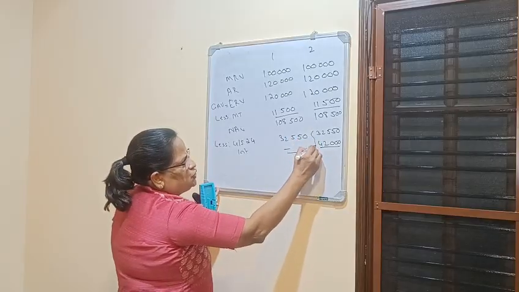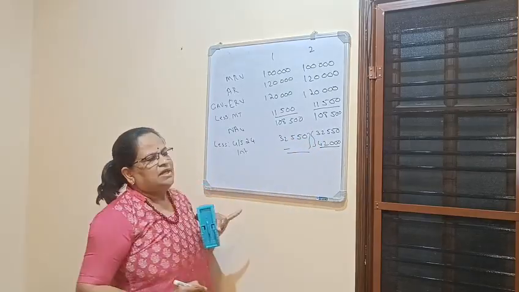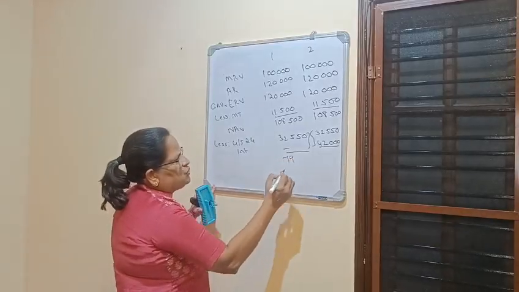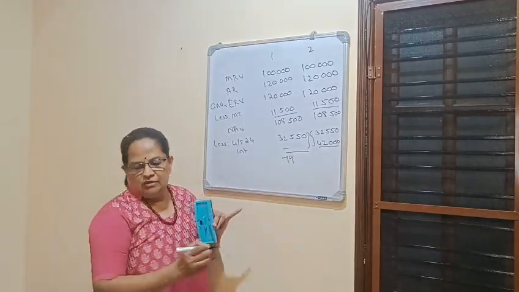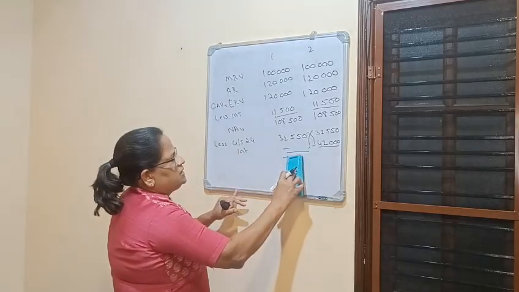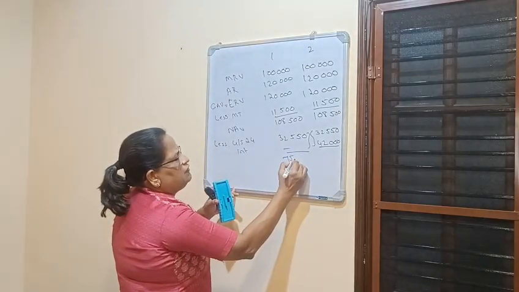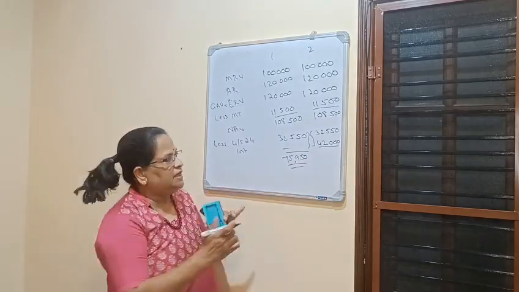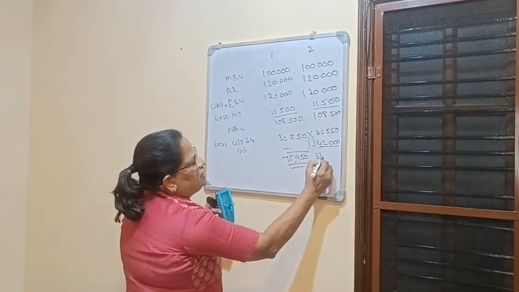If you reduce these from the net annual value, you will get the income from the first house property as 75,950, and the second house as 33,950.